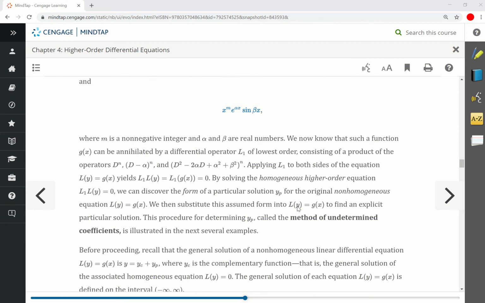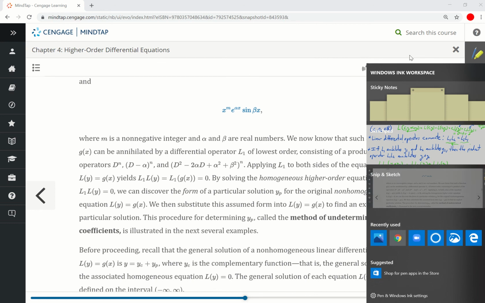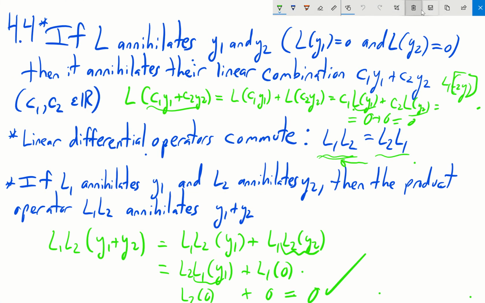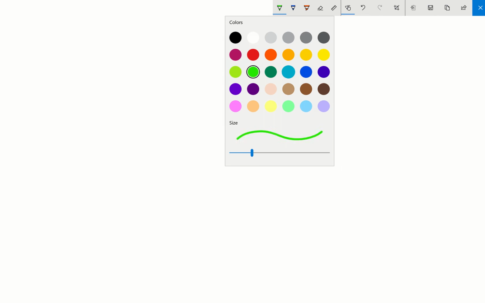Okay, so again, the basic idea is this: if we can find a differential operator L1 that can annihilate g of x, then we apply that L1 to both sides of our original differential equation. So starting with, here's what we're looking for.